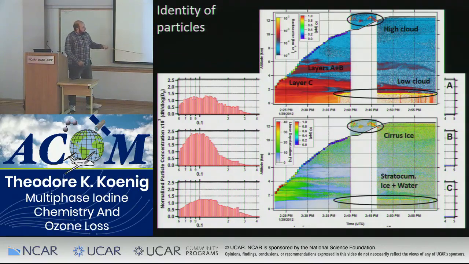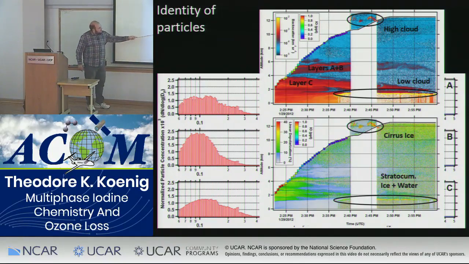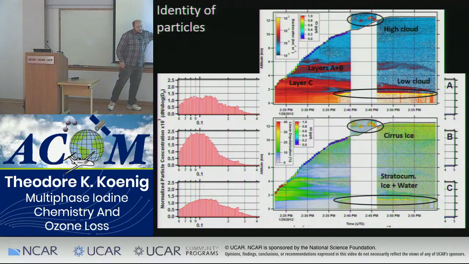And then if we look at the depolarization data down here, this is a stratocumulus cloud consisting of ice and water. I guess going through this rather simplistically, these blue colors here are roughly consistent with spherical particles, constant depolarization, very little depolarization. If we go to higher depolarizations, we're seeing non-spherical particles. So those cirrus clouds up there, they're ice crystals. We get significant depolarization.